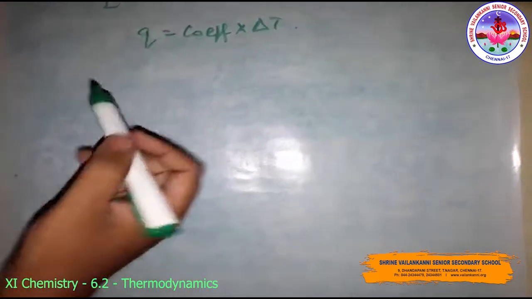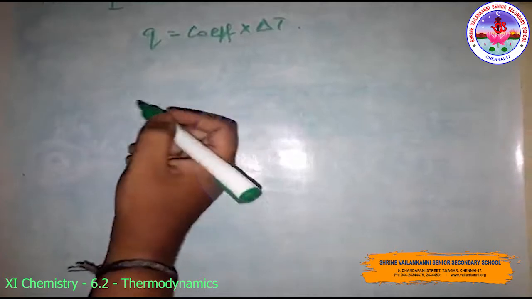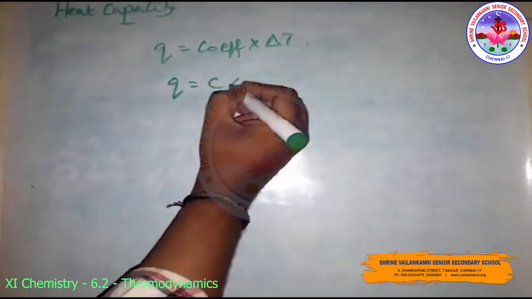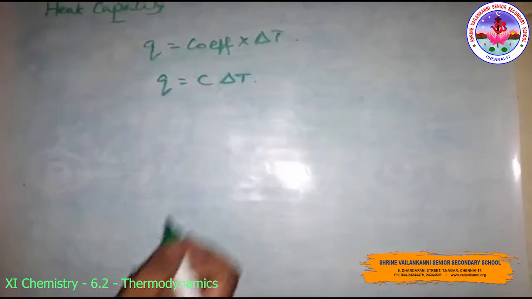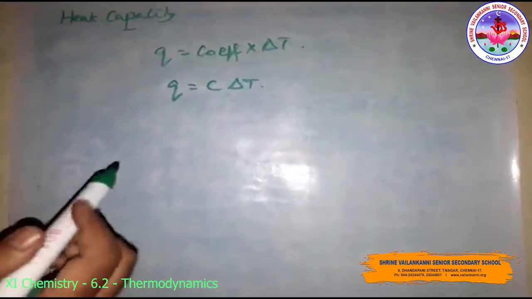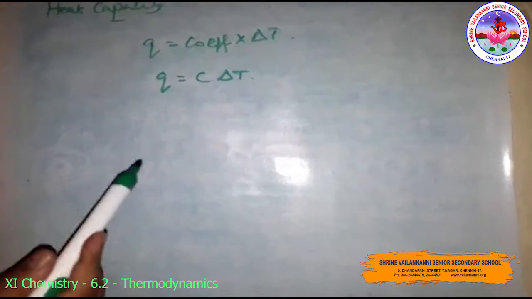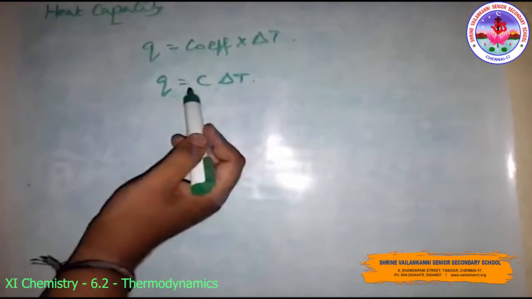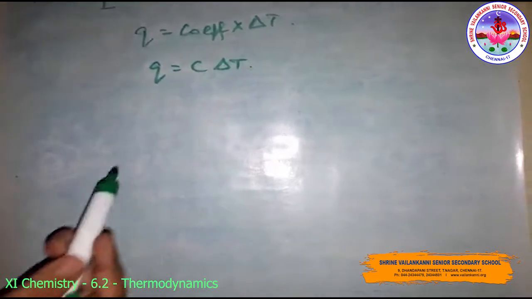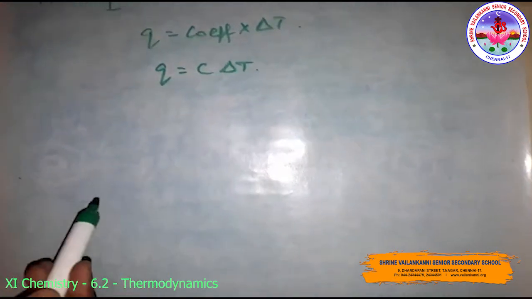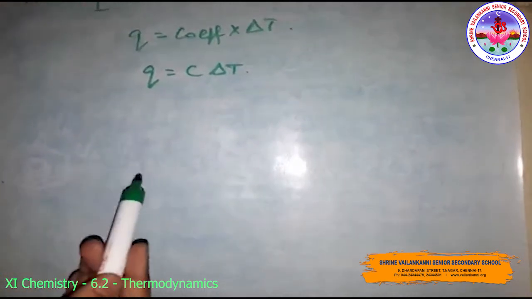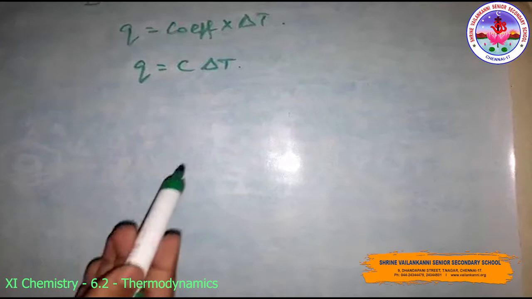So we can also write the equation Q is equal to C delta T. We can measure the heat supplied by monitoring the temperature rise, provided we know the heat capacity. When C is large, a given amount of heat results in only a small temperature rise. So water has a large heat capacity, that is, a lot of energy is needed to raise its temperature.